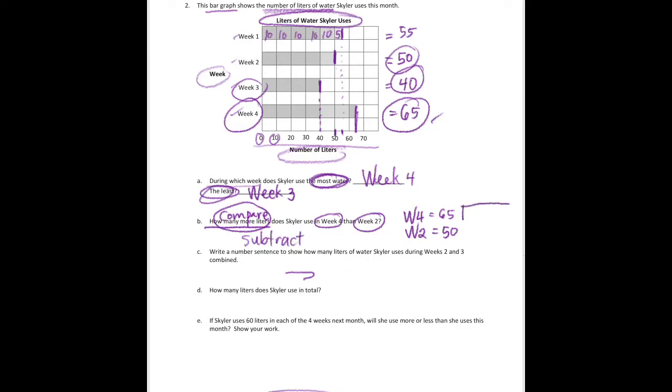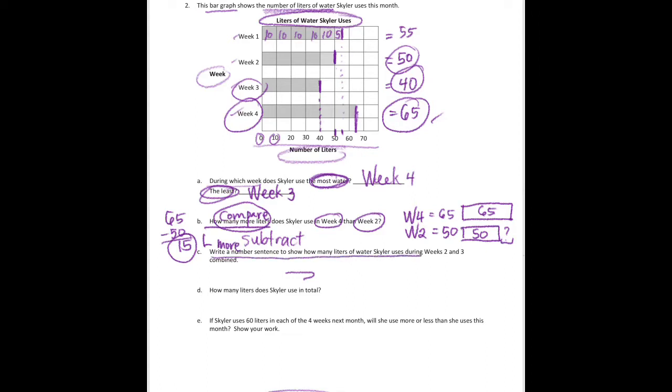We have the tape diagram, and 65, as you can see, is longer than 50. Whatever the difference is, we can get that by subtracting 65 minus 50, which is equal to 15 liters of water. So it has 15 liters more.